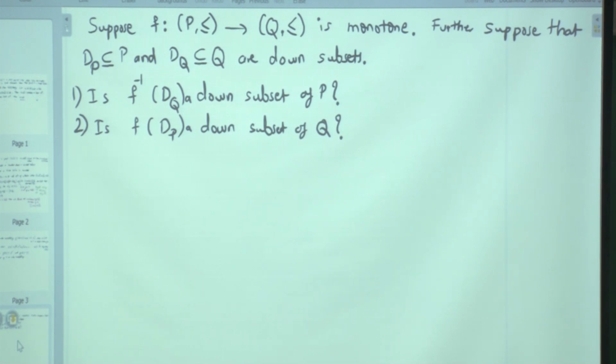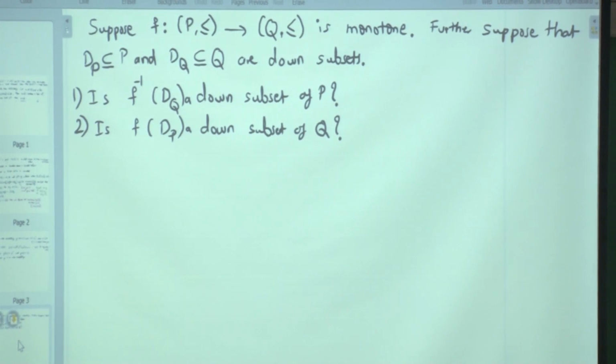Who is saying no? Give me an example. You want to write it? Who else thinks true or false? It's true. You want to write a proof? Okay. Wait, let me write it down. And what about the second statement?